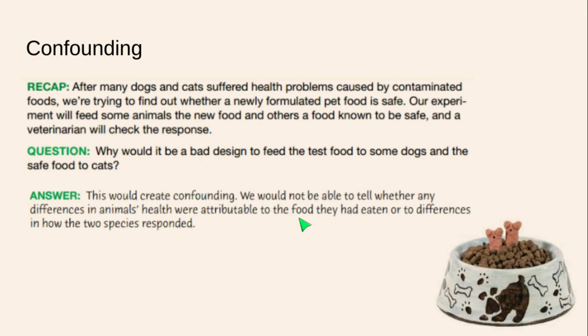Or that there could be a difference in how cats respond to the food as opposed to dogs, all right? So the variables food the animals received and species of the animal are confounded. We can't tell which actually has the most effect on the health of the animals, which is our response variable.